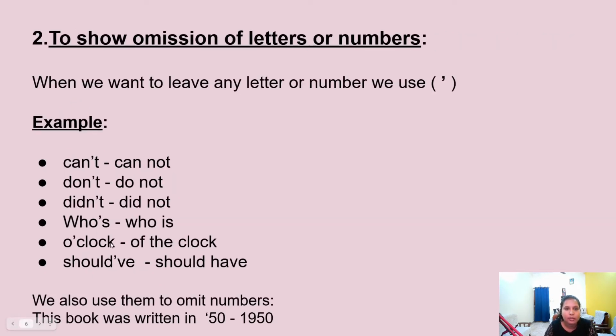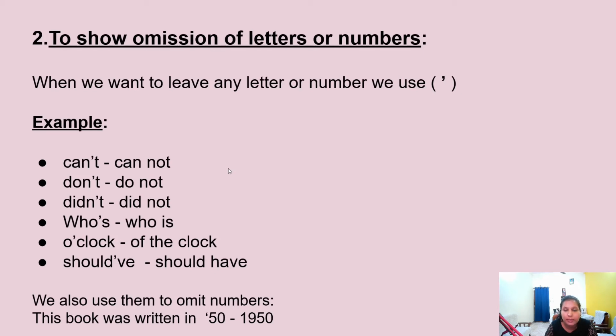Next is to show omission of letters and numbers. Sometimes we do not write the whole word, isn't it? At that point we use an apostrophe. When we want to leave out any letter or number, we use an apostrophe. For example, we write can't. What is the full form of can't? That is cannot. Then don't, that is do not.